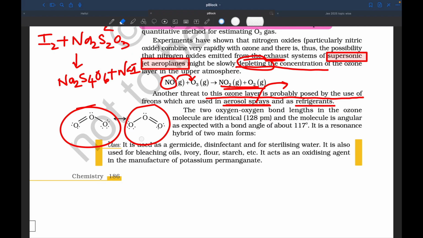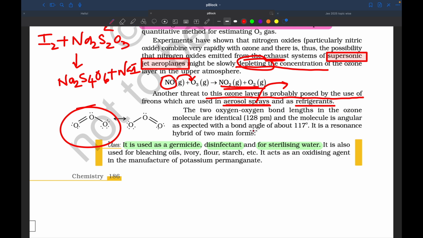What are the uses of it? Ozonized water is used by everybody nowadays. Every house has got ozonized water, isn't it? It is used as a germicide because it's an oxidizing agent, a disinfectant, for sterilizing water, right?